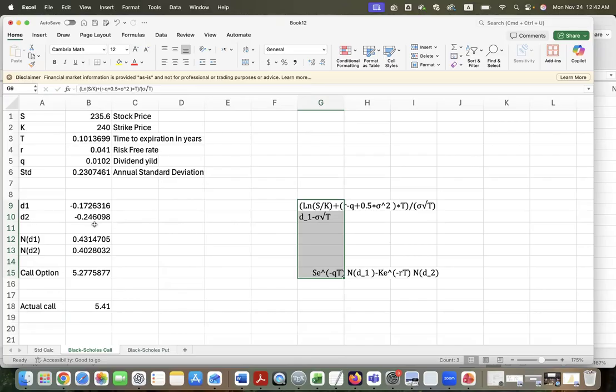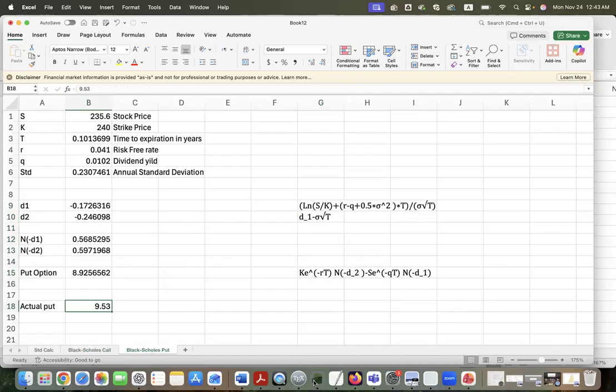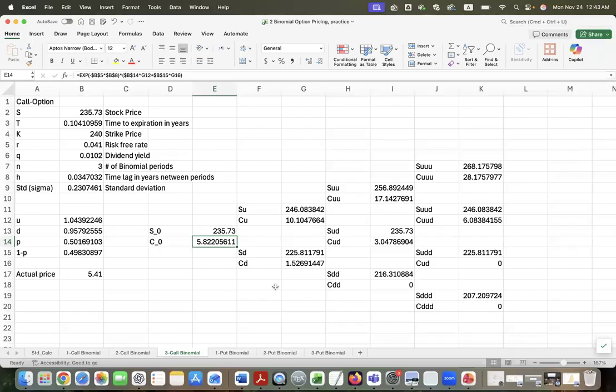So that's the call option, and this is the put option. We can compare that with binomial option pricing as well. 8.92.